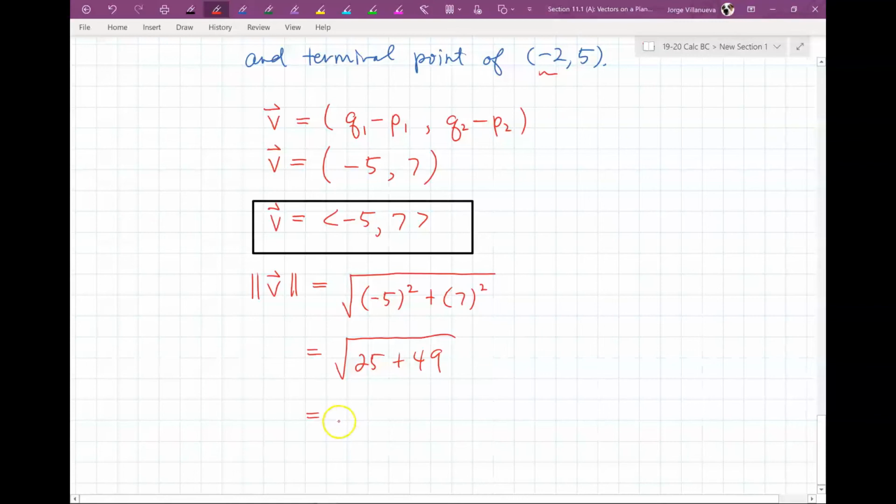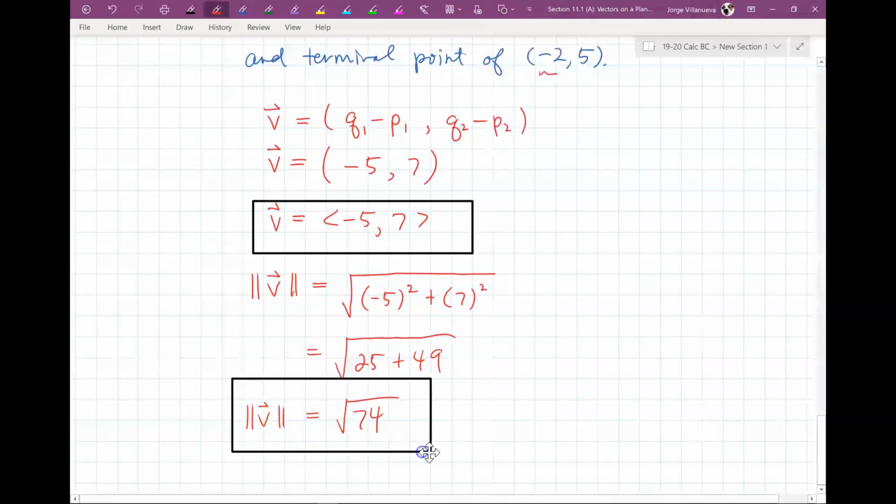So yeah, we're going to have 74. If you divide that by 2, you're not going to get anything helpful. So there's your magnitude. Your magnitude is radical 74. So that's all the problem wanted you to do: find the component form and the magnitude.